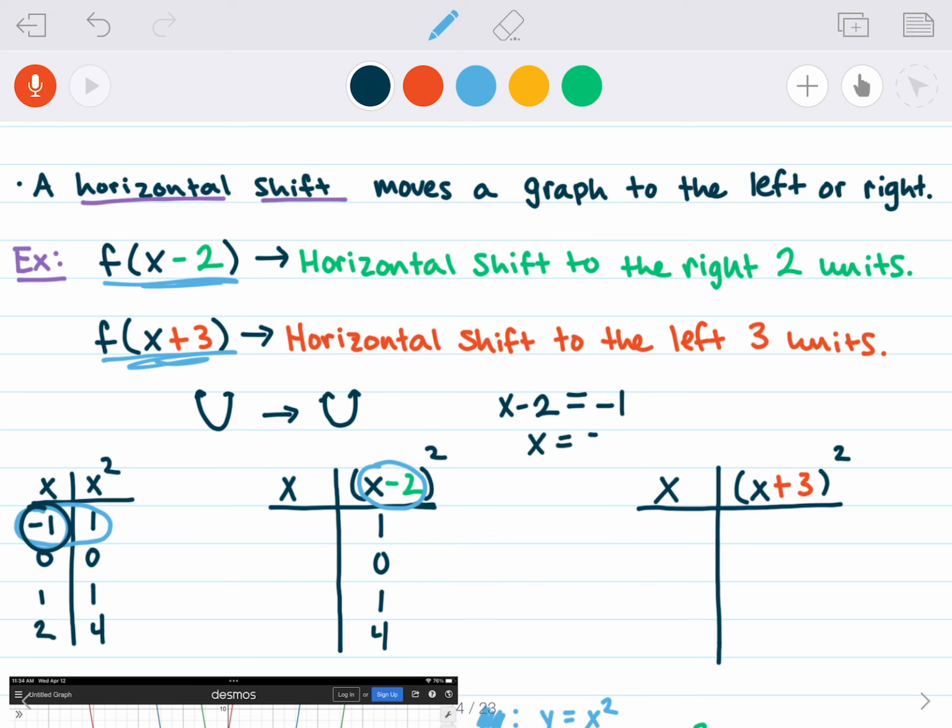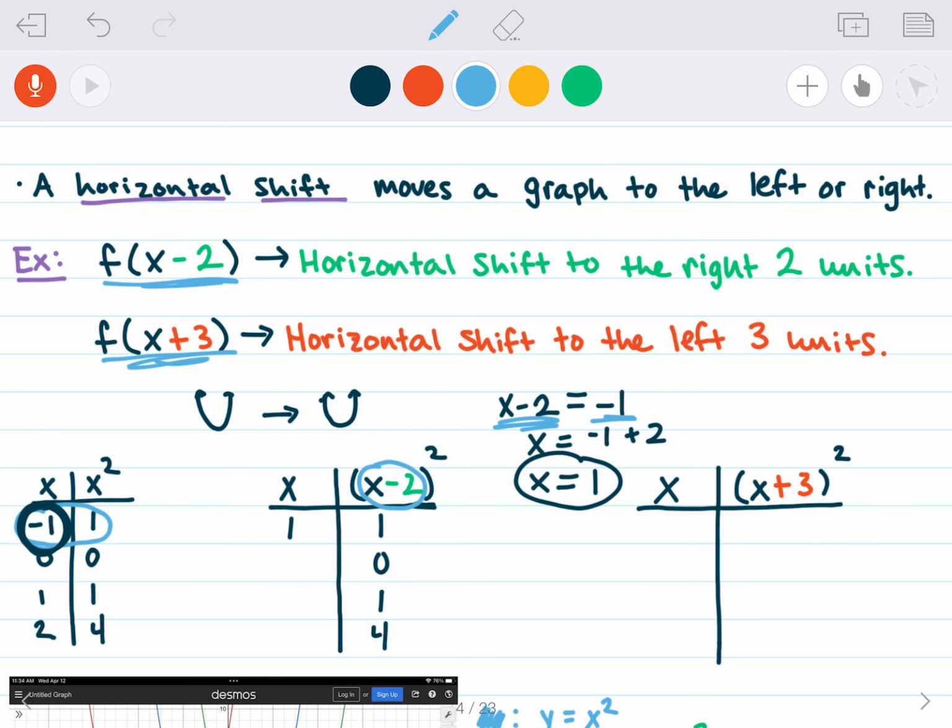And when I do that, I get -1 plus 2, which is equal to x equals 1, right? So this is the input that I need to get this output. And look, what happened to the input? Did it go to the left 2 units? Well, no, -1 to 1, you hop over to 0, right 1, you hop over to 1 from there, right 2. So we're actually shifting to the right 2 units. Okay, so that's the idea here. We want our new input to equal the old input.